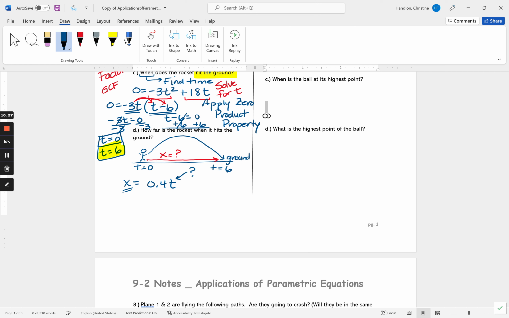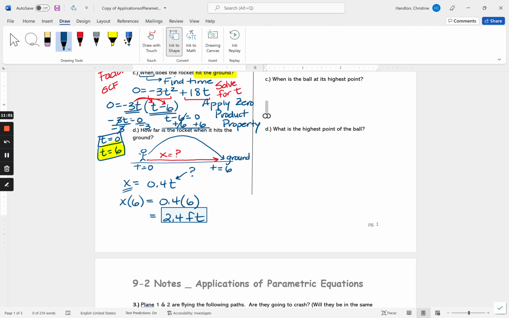We already established how many seconds it took to reach the ground, so the x distance when t is 6 is found by substituting 6 in for t. 0.4 times 6 gives us a distance of 2.4 feet, which is our answer for the horizontal distance traveled by this rocket.